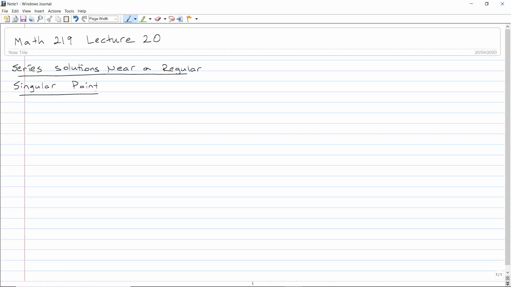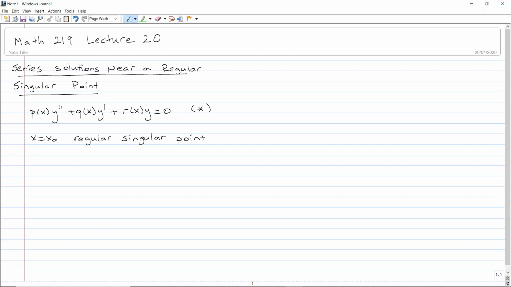So we have a linear equation with variable coefficients, homogeneous, with regular singular point x0. Let me label this equation with star.